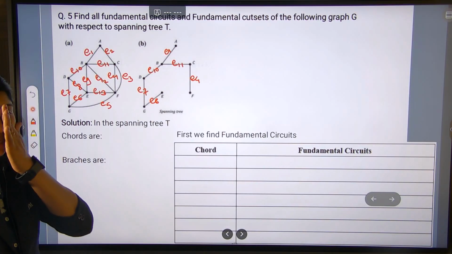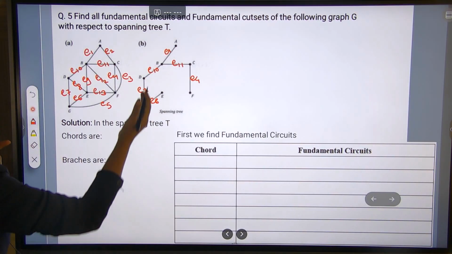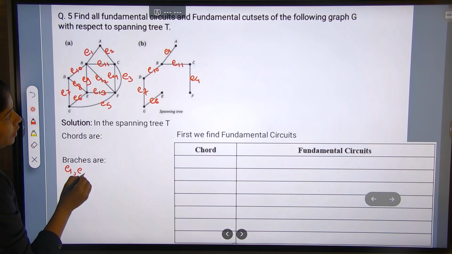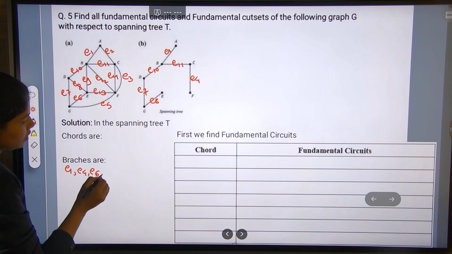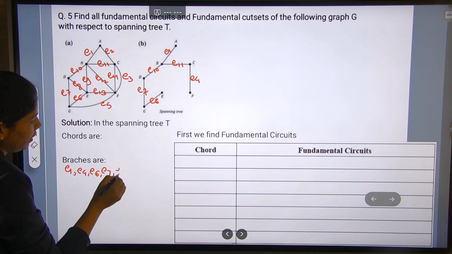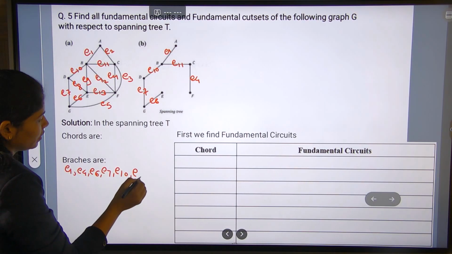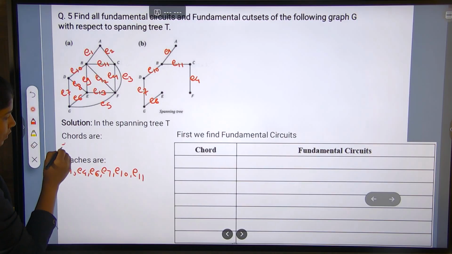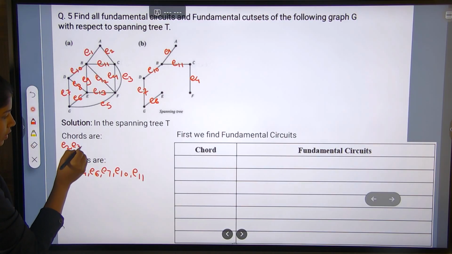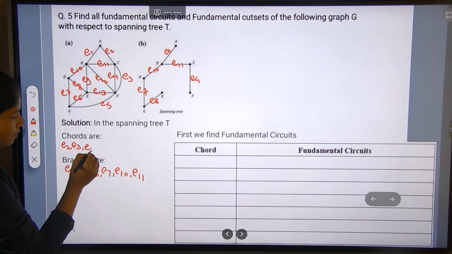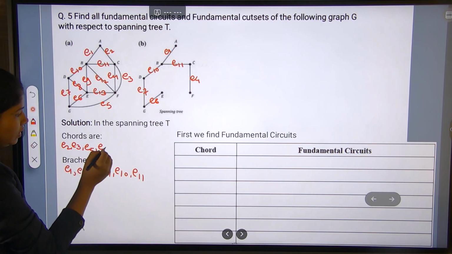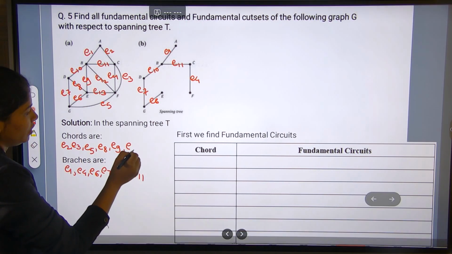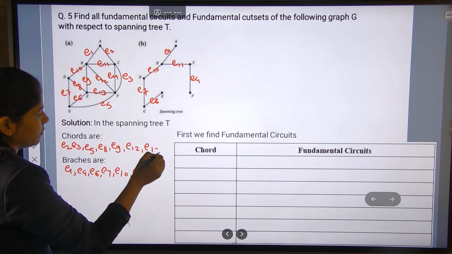Okay, so here write down these branches: E1, E4, E6, E7, E10, E11, and the chords are the remaining edges. So write down chords: E2, E3, E5, E8, E9, E12, E13.